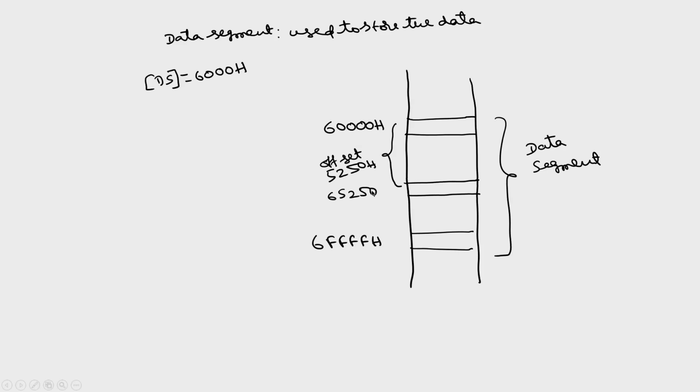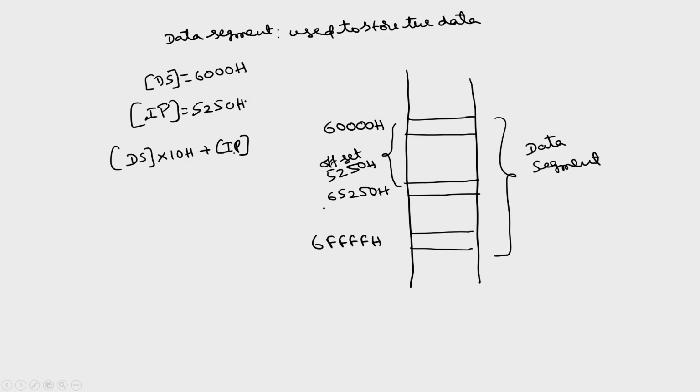The difference is called the offset. That offset will be held by the instruction pointer. So if you want to compute the physical address, it is the same: data segment into 10H plus the contents of the instruction pointer.